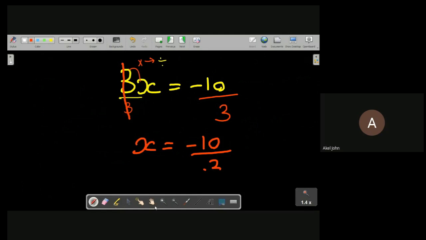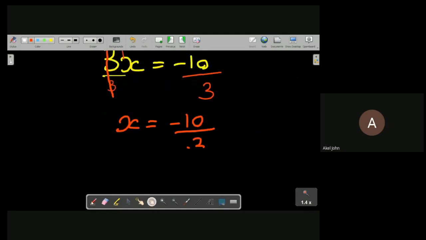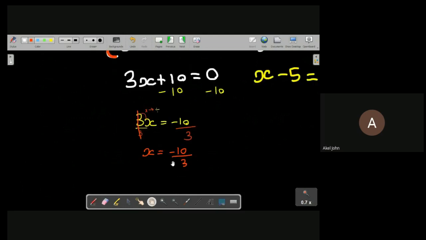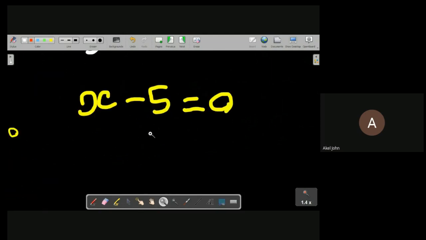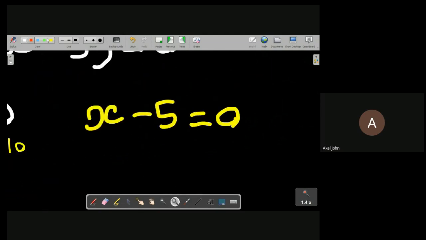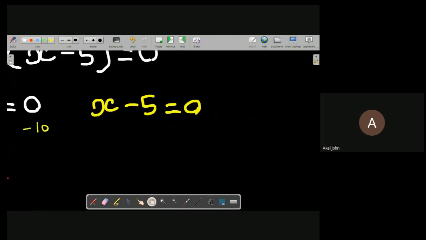The thing with binomials is you would always get two answers. Always. There's always two answers involved. So we found one answer. Let's go and find the next one. At this point, pause the video and see if you could find the remaining solution. Okay.